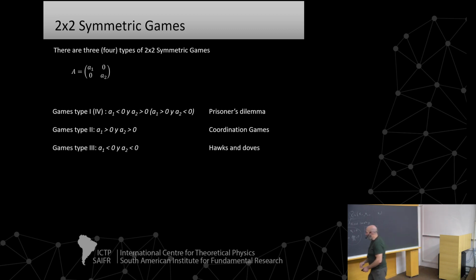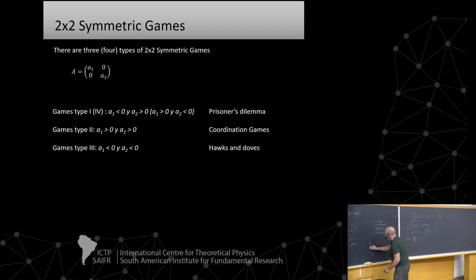Remember that the prisoner's dilemma was something like this. I will call the actions collaborate and defect. So collaborate against collaborate, for example, got 1. Collaborate against defect got a 0. Defect against collaborate gets 5. And defect against defect was 0.